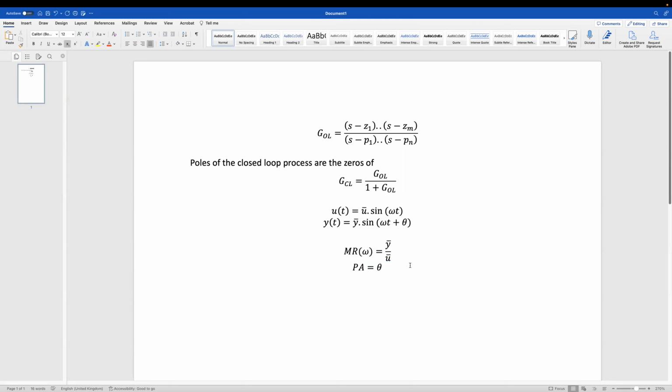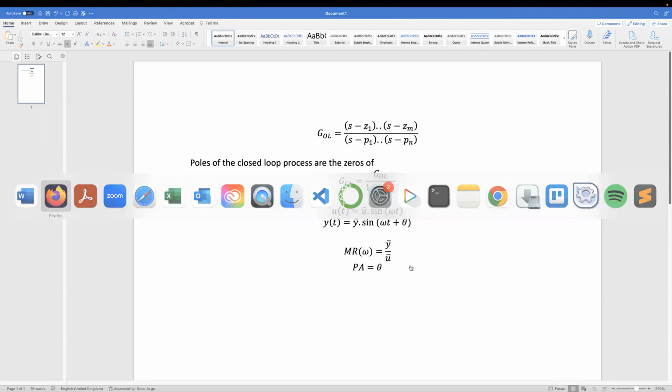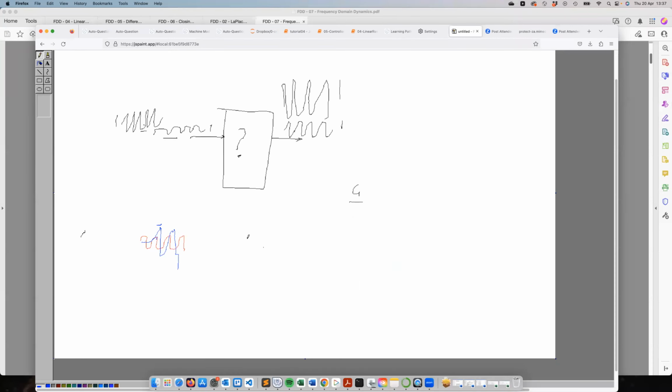And by the same token, we will also find, if we were to do this, that this delay, if you take the peak in each case, you'll find that as you change the frequency, that distance will change as well. So that's a second thing that varies with the frequency.